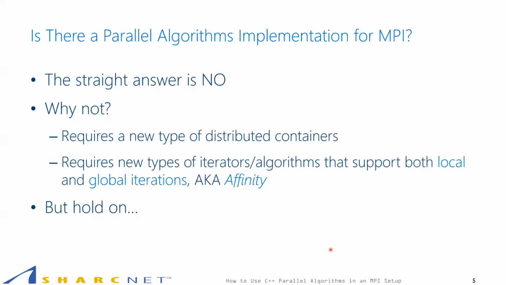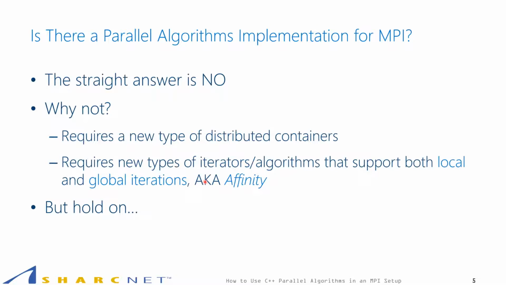But there was an interesting, frequently asked question during those webinars. Is it possible to use parallel algorithms in an MPI setup? The straight answer to this question is no. Why not? Because it requires a new type of containers that are distributed among MPI processes.